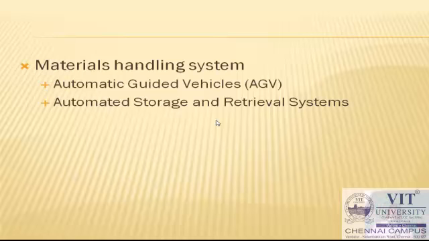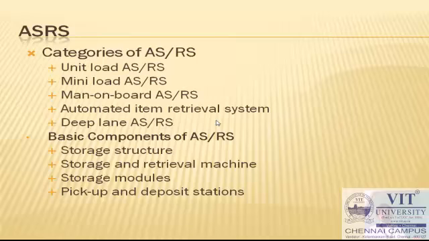Here somewhat manual operations are also there. In somewhat automated cases, retrieval and storage will be controlled automatically by means of a central computer. So both are possible in the ASRS system. We will discuss this ASRS system in detail in the next class.